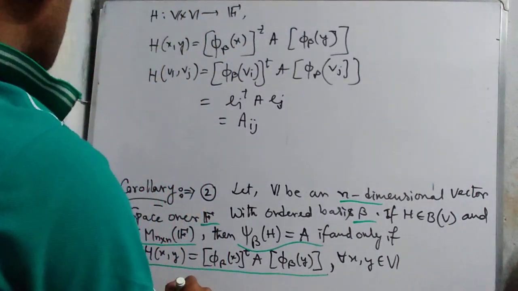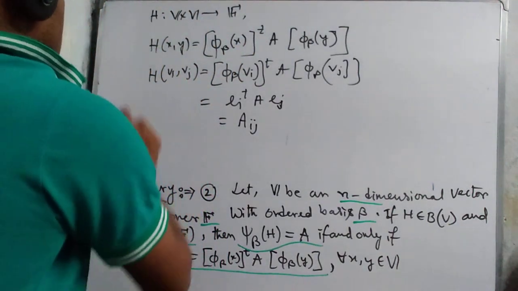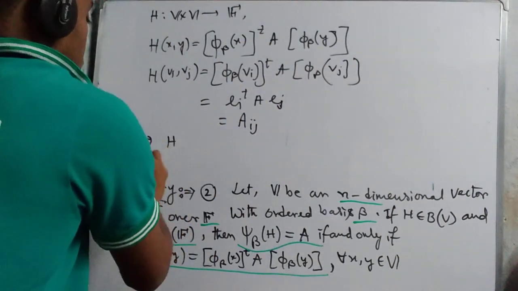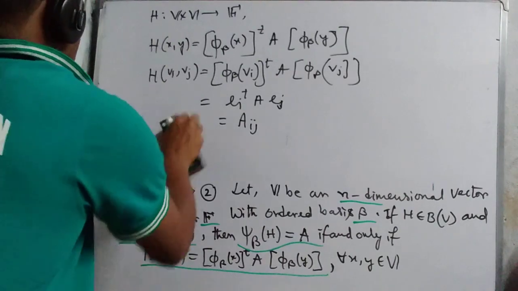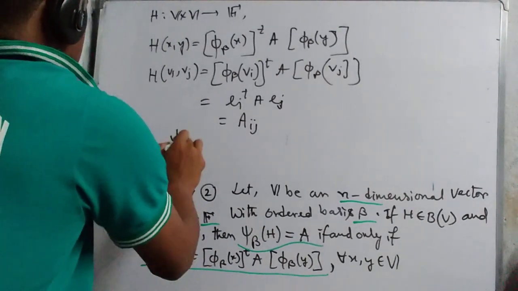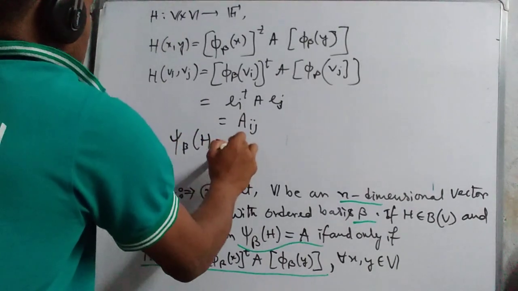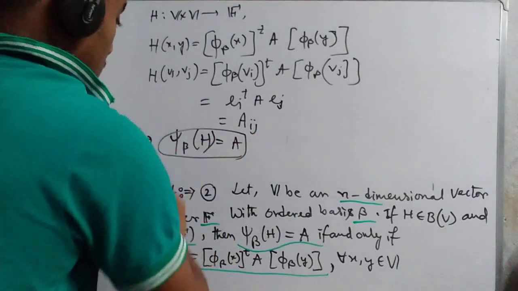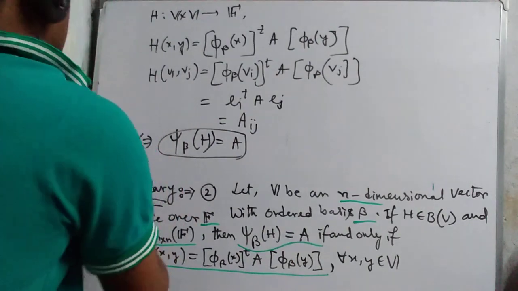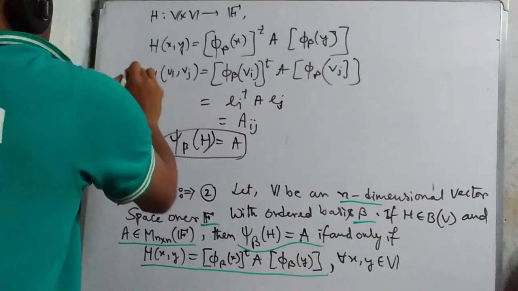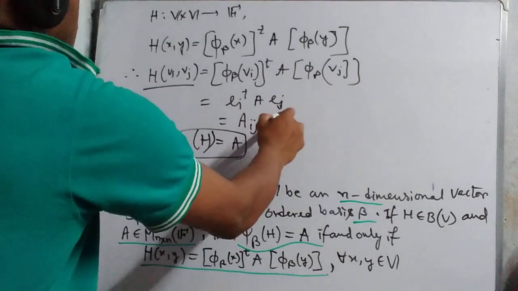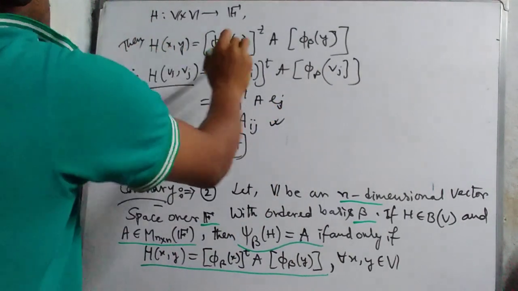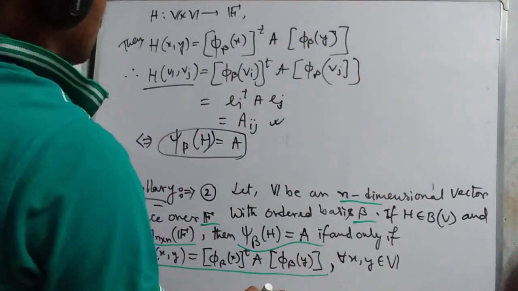Then if this one occurs, this implies that h, phi beta of a, is equal to psi beta of a, is equal to a. Okay. And again, if psi beta of a is equal to a, this implies h of p_i, v_j equal to this one, and then h of xy is equal to this one.